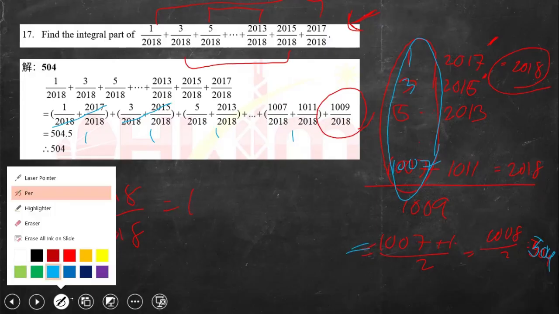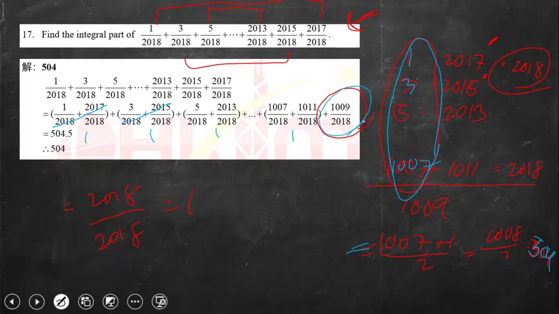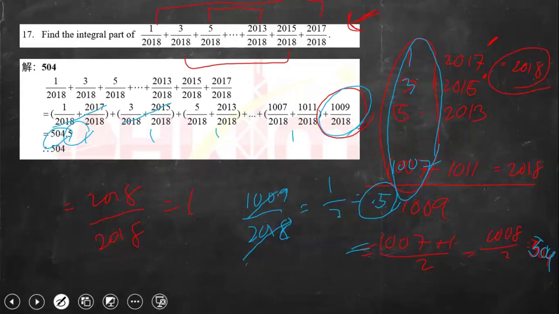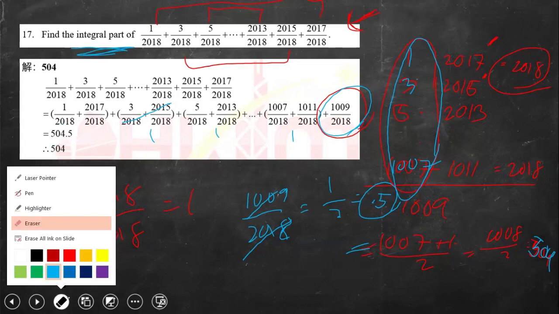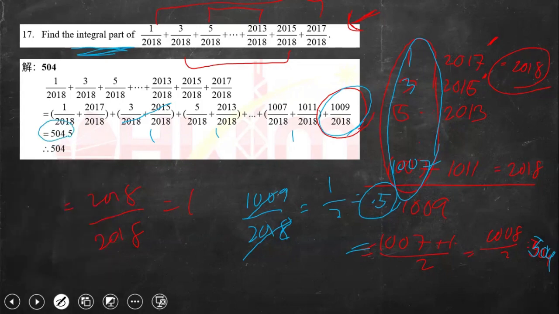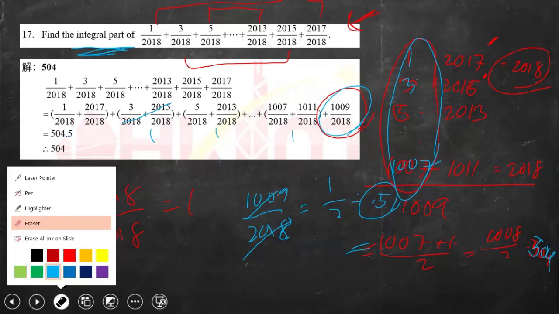And then since we have the excess of 1009 over 2018, this is equal to 1/2, or 0.5. That's why we have 504 and then 0.5. But the question was to find the integral part of the expression. So what's the integral part of 504.5? Of course, just 504. So okay, that's one way to do it.